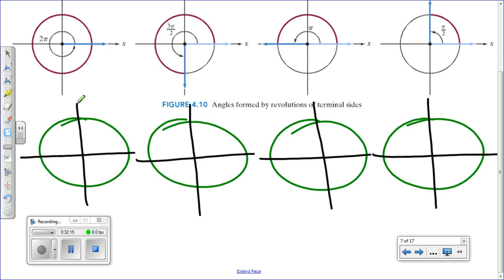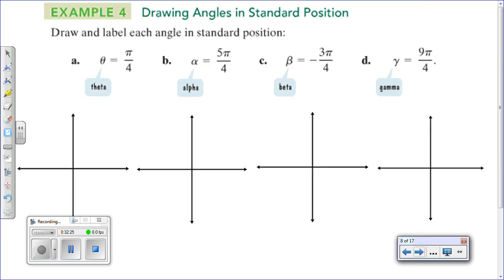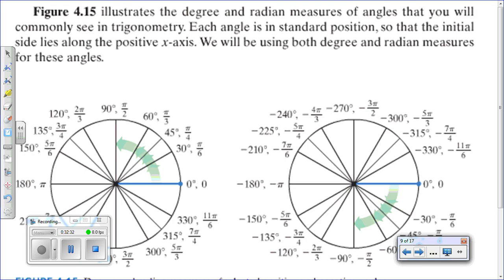I'll wait for you guys to do that. We're going to label the circles in different ways, and then we're going to put them all together, and they're going to look just like that.